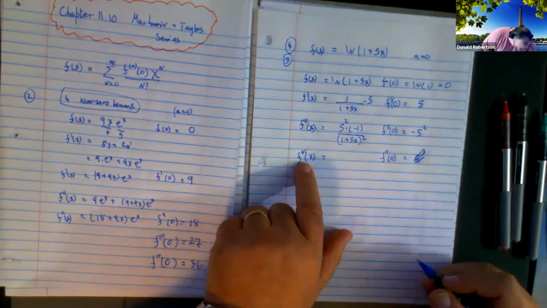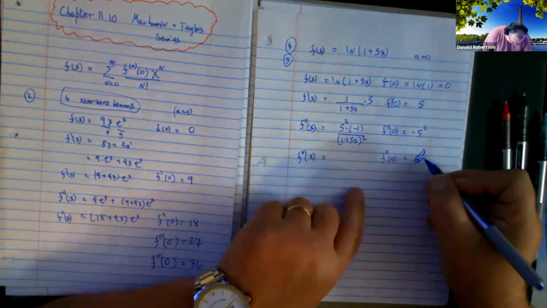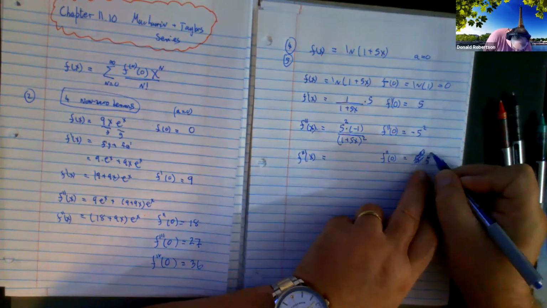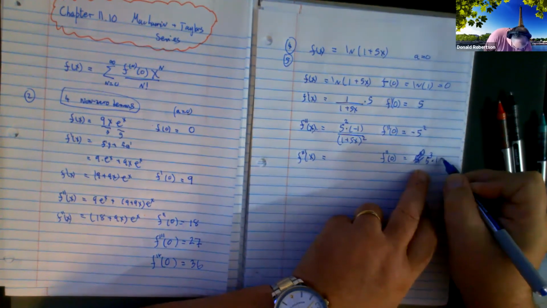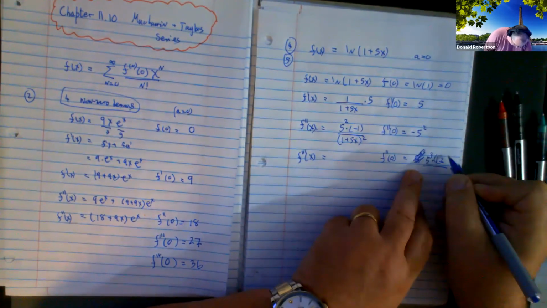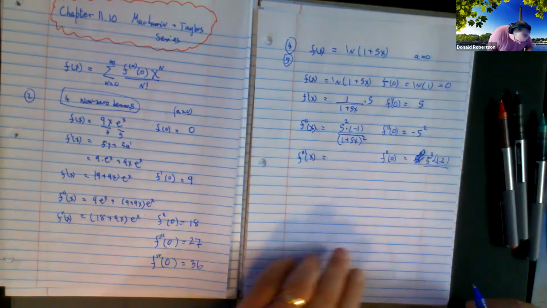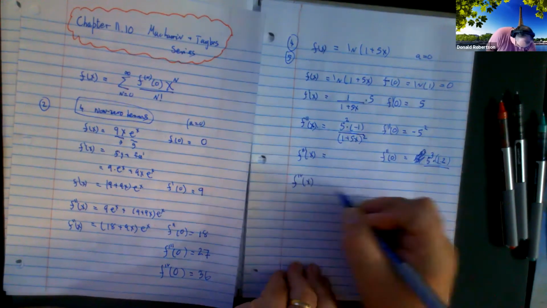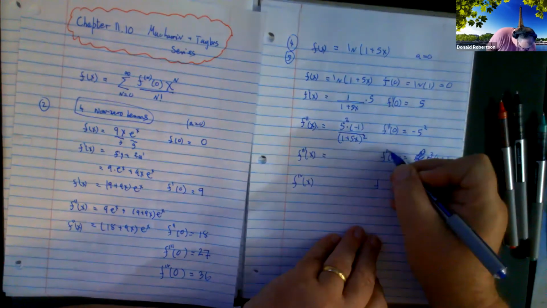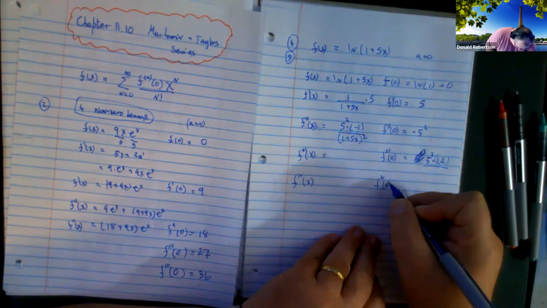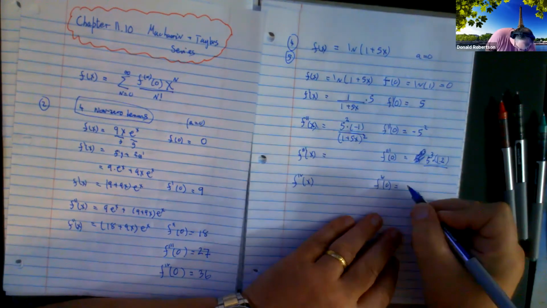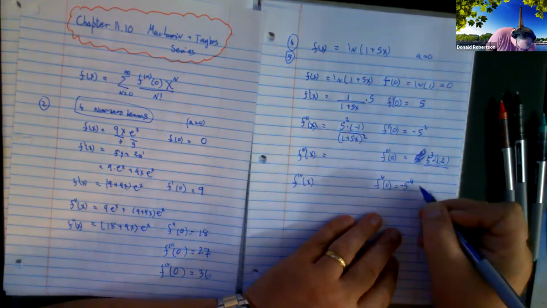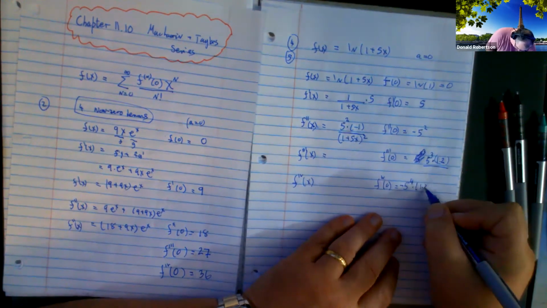If you did the third one, you're going to get 5 cubed times 1 times 2. I'll put little brackets around it. I don't need a number in the bottom. If you did the fourth one, and you found its derivative at 0, again, you're just going to have to trust me here. You get 5 to the 4. It's going to be negative times 1 times 2 times 3.